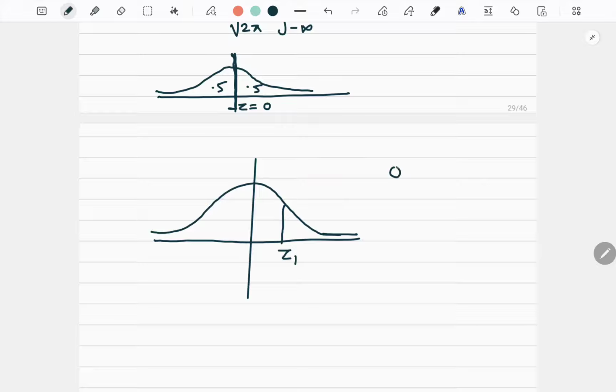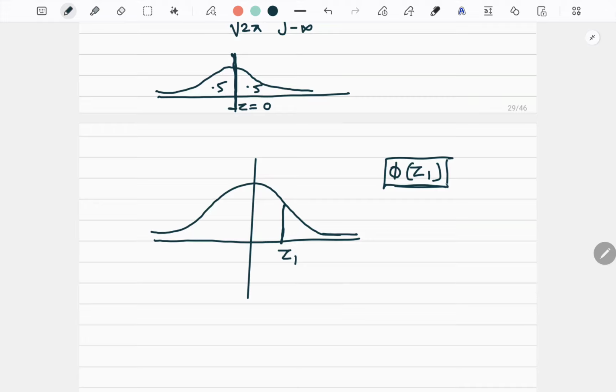If I ask you what is the value of phi(z1)? This value is obtained from the normal distribution table, and you can also calculate it using a calculator. How to do it using a calculator, I will teach you. But before that, let us understand the meaning of this phi(z1).